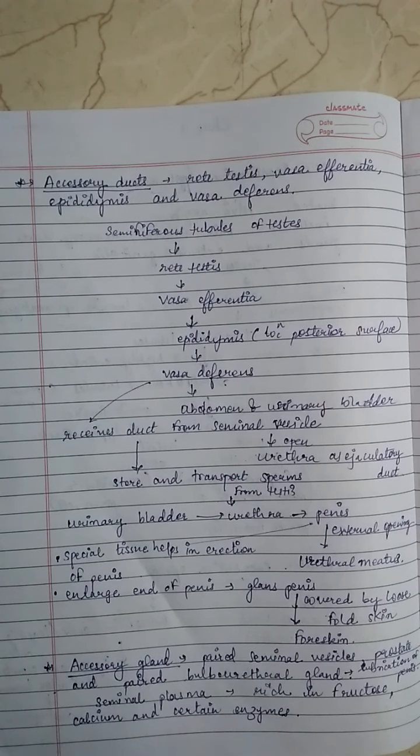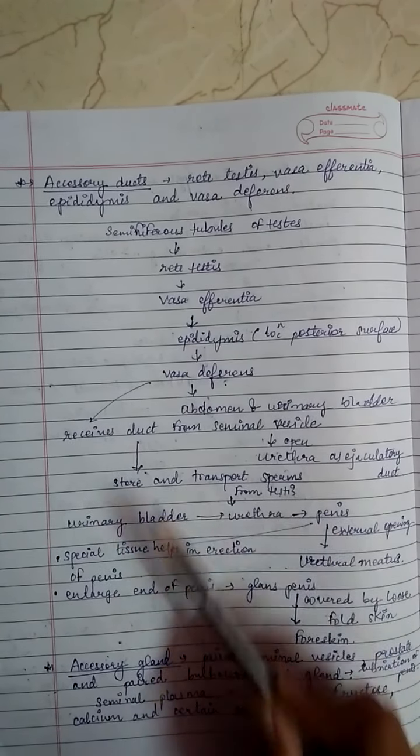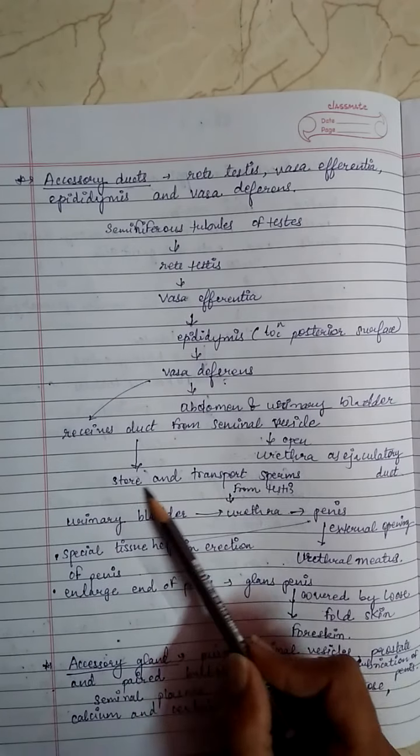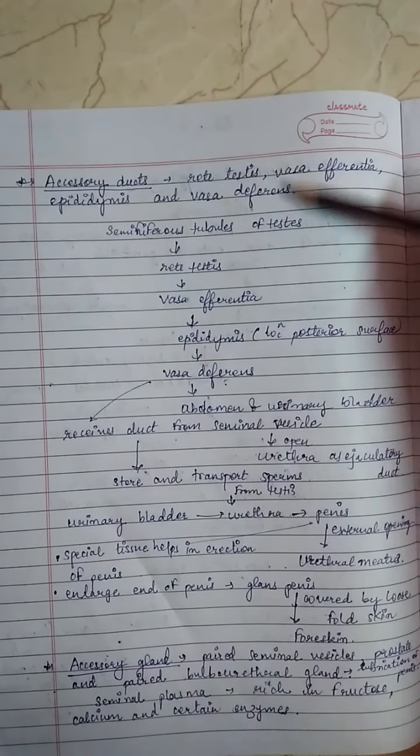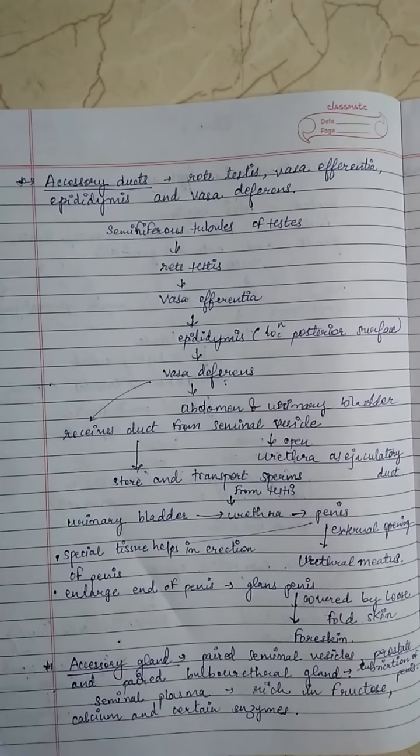The urethra originates from the urinary bladder and extends through the penis. All this is written in short form. You have to memorize this and connect it with the diagram, figure 3.1 on page number 43.